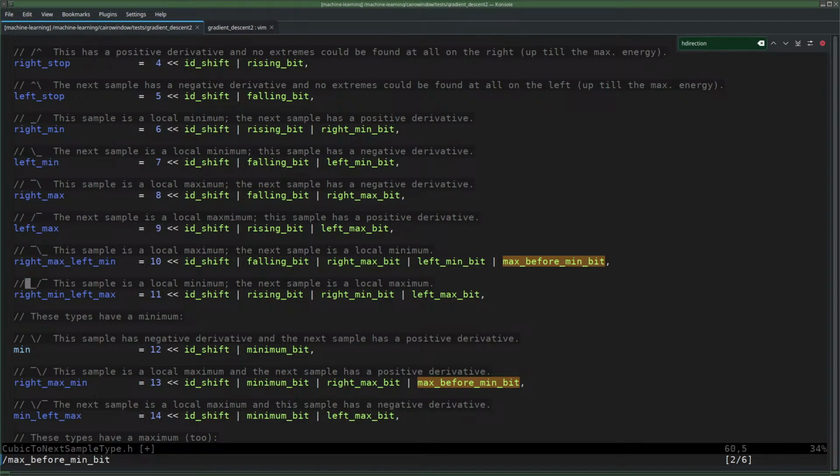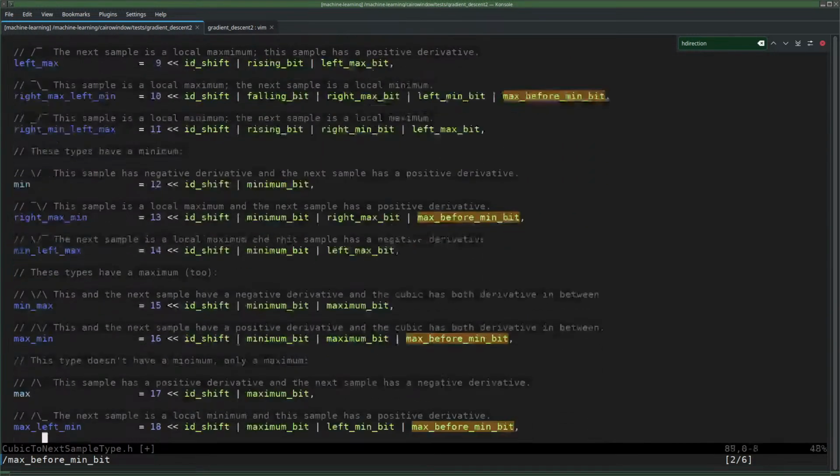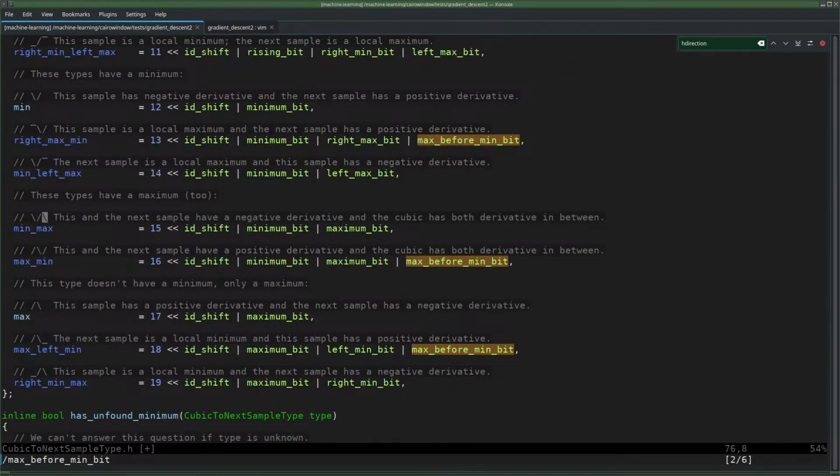Here it is the other way around, so that does not have that, even though it has both a minimum and a maximum. This only has a minimum, this one has a maximum and then a minimum. So you have maximum before minimum. This has a minimum and then a maximum. This has a minimum and then a maximum. This was a maximum and then a minimum.